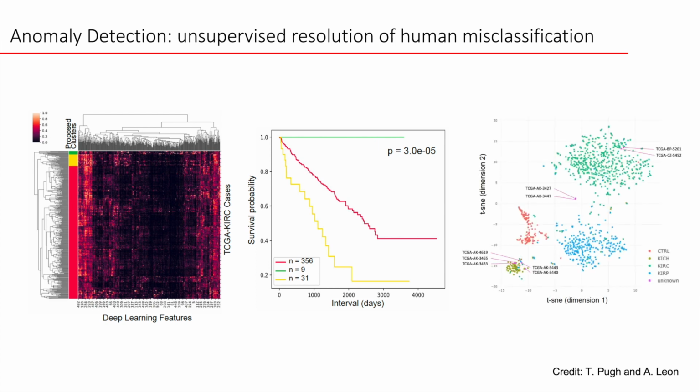So we partnered with one of my colleagues, Dr. Trevor Pugh, and his talented research associate, Alberto Leon, and using the transcriptional data in the TCGA cohort, we developed a t-SNE-based approach to classification of these tumors, with green representing the clear cell carcinomas, blue representing the papillary cell carcinomas, and yellow representing the chromophobes.